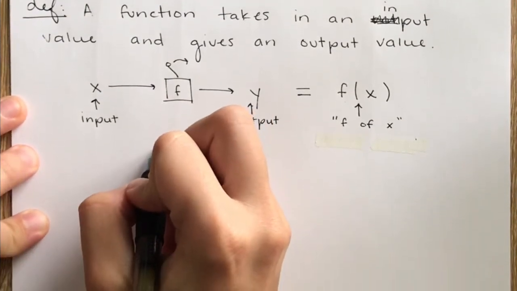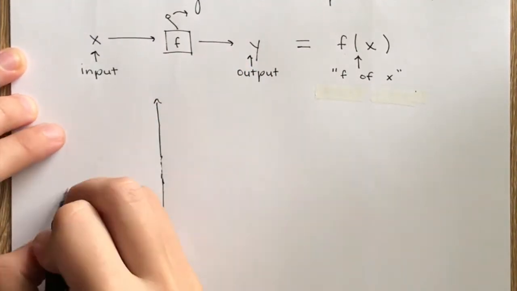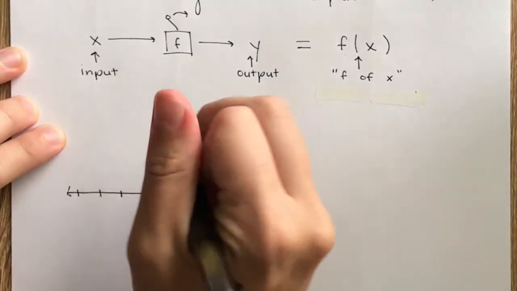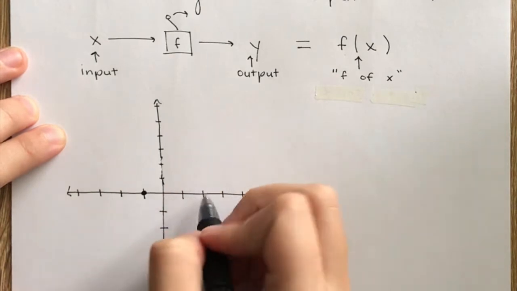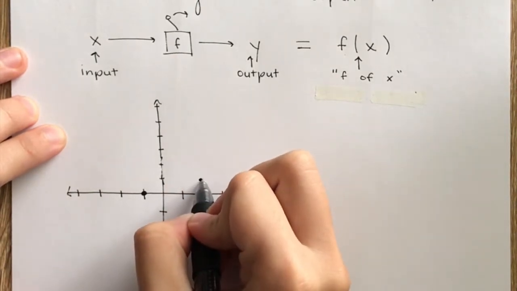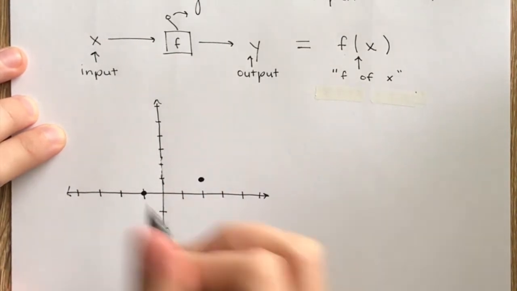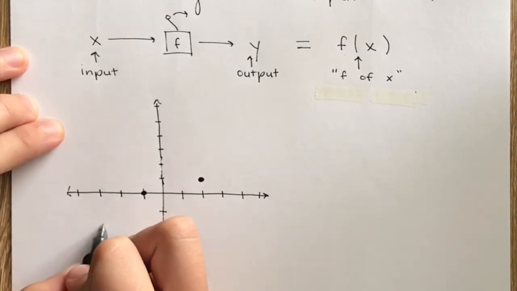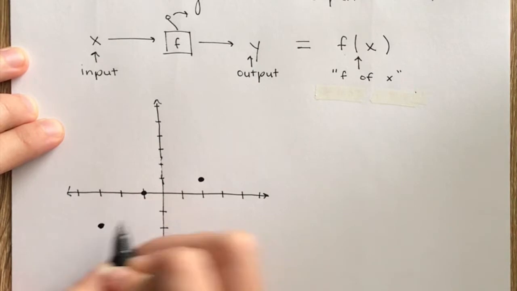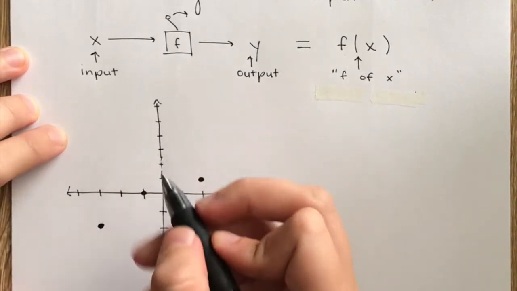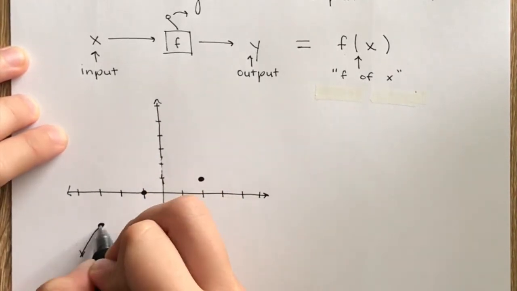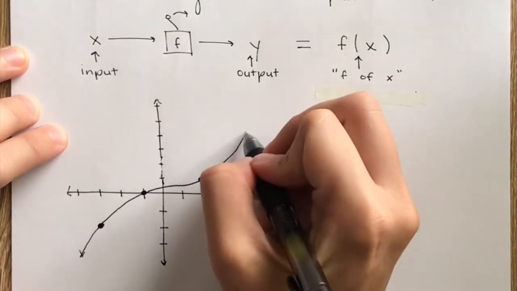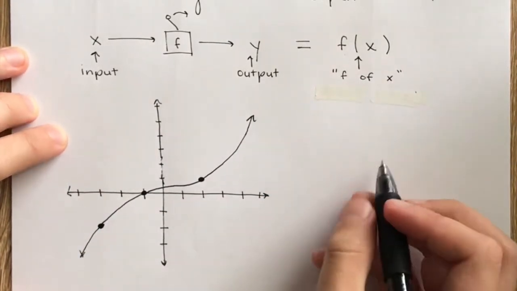Okay, so when looking at a graph, how can we sort of see this relationship? Let's look at this guy, here and here. And our function kind of looks like this. I'm just kind of making something up.